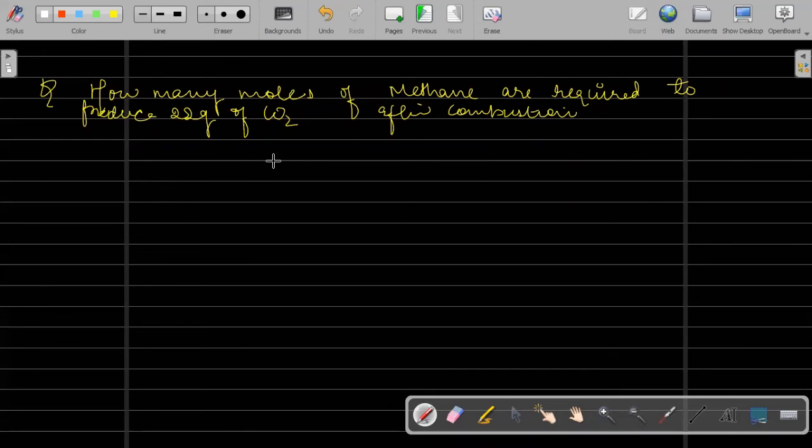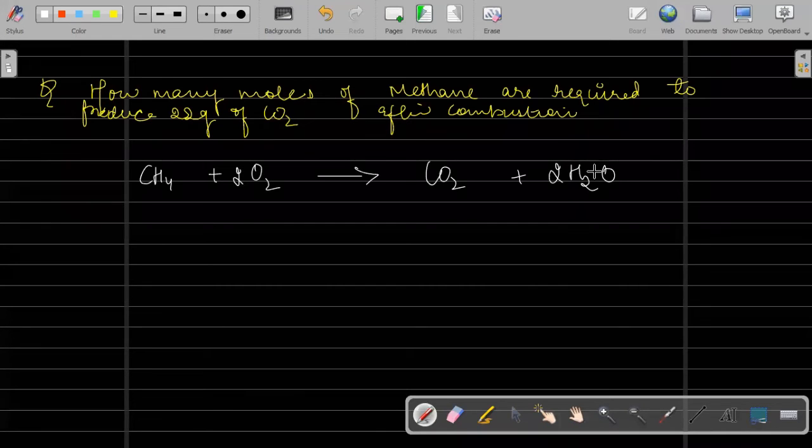Firstly, we write the chemical reaction. Methane combustion, CH4 plus O2, gives CO2 plus water. The balanced chemical reaction has 2 here, and this is 2, and this is 2.